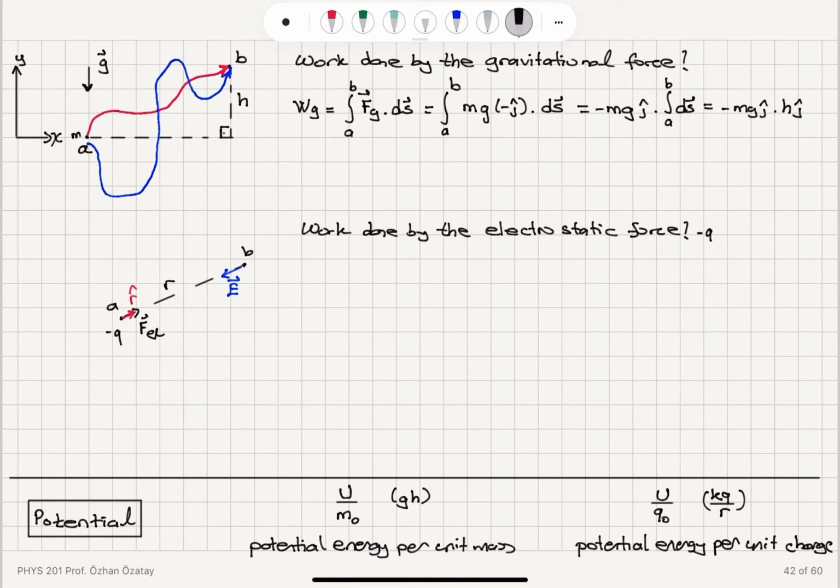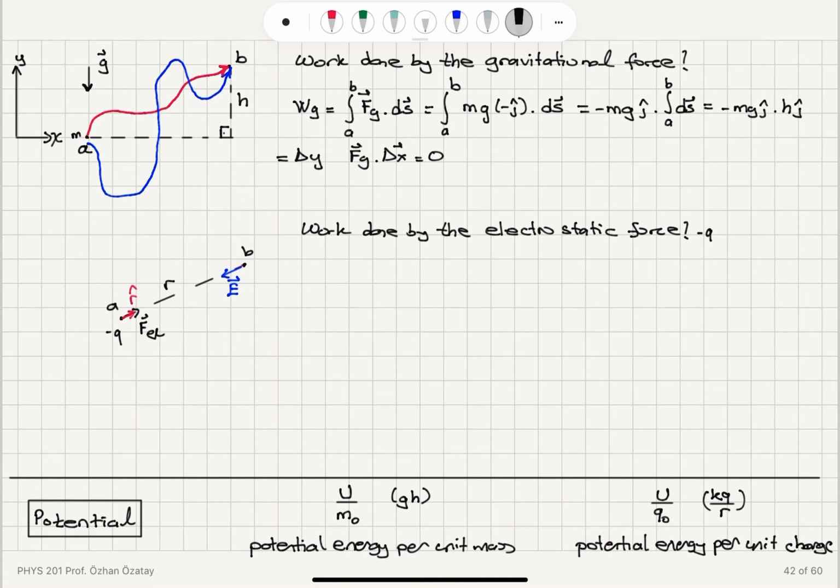So that's the delta s is basically this delta y. So you can see here delta s is equal to delta y in this example. The contribution from delta x is 0 because the force is on the y-axis. So let's say that this is delta r is equal to delta y.